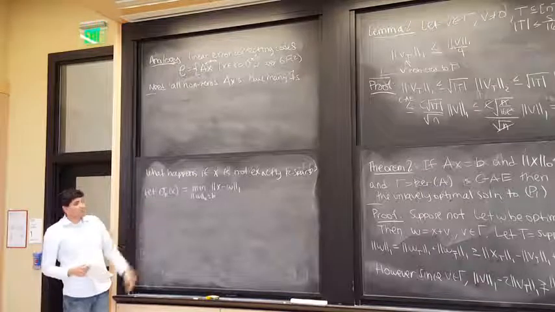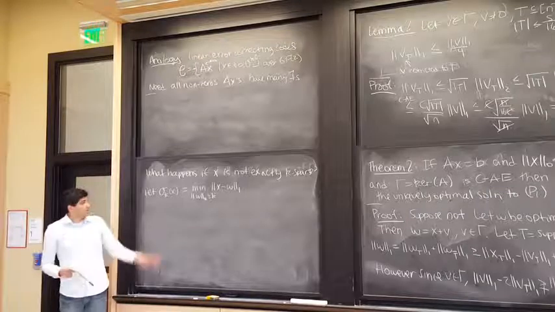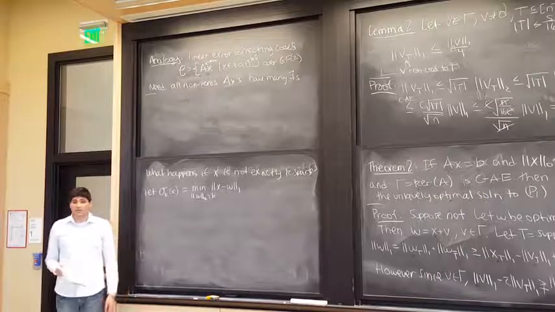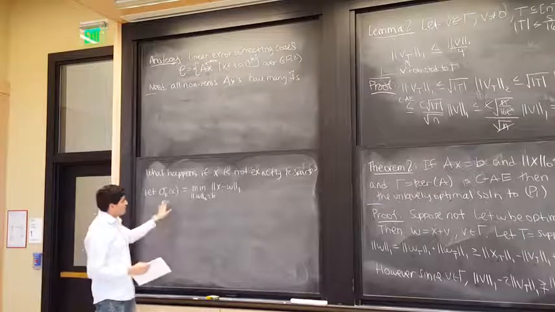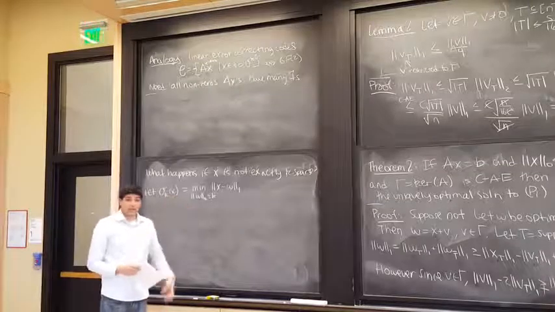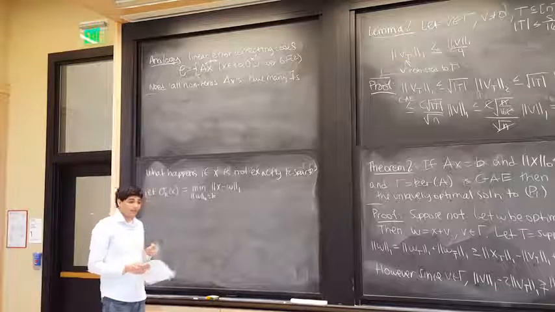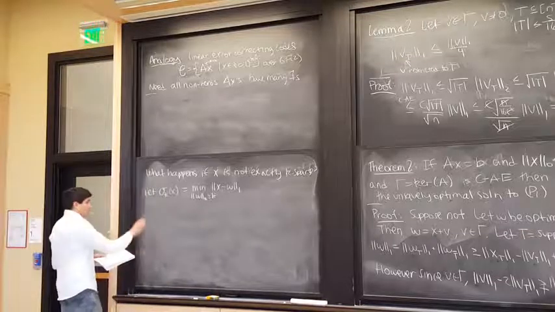So if, for example, X were exactly k-sparse, then sigma k of X would be what? 0, right? So in fact, this is something that's going to smoothly change as X moves away from being exactly k-sparse. Let me tell you the theorem statement.